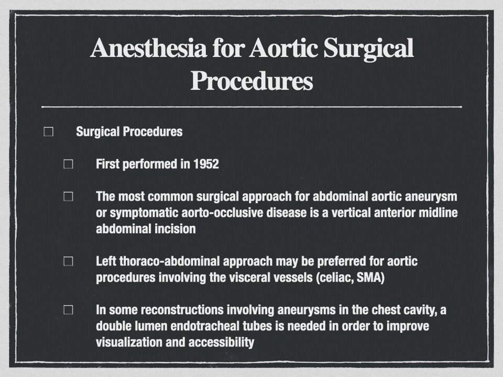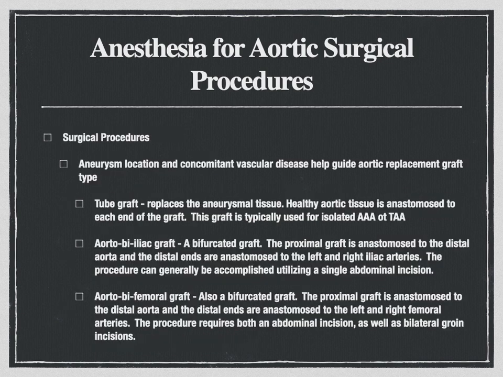A left thoracoabdominal approach may be preferred for aortic procedures involving the visceral vessels, the celiac or SMA, for instance. In some reconstructions involving aneurysms in the chest cavity, a double lumen tube may be needed in order to improve visualization and accessibility and persistent whining from the surgeon.